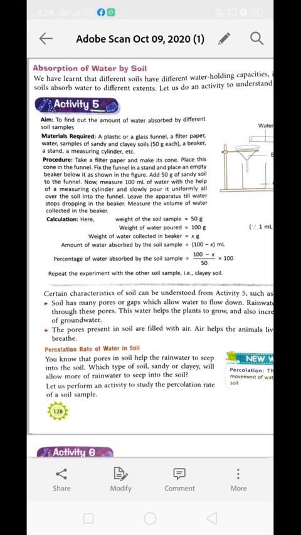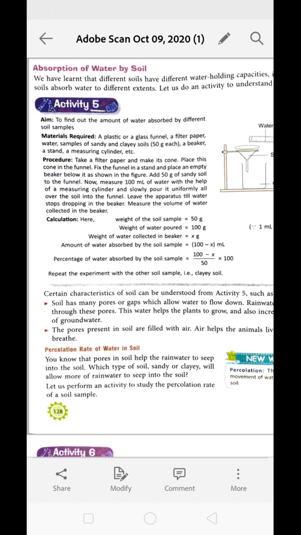The roots of plants get water through the soil because the soil has many pores. There are pores because of the different sizes of soil particles. When they are kept upon one another, some spaces are left which act as a place for air, and act as pores to let the water get absorbed through them.